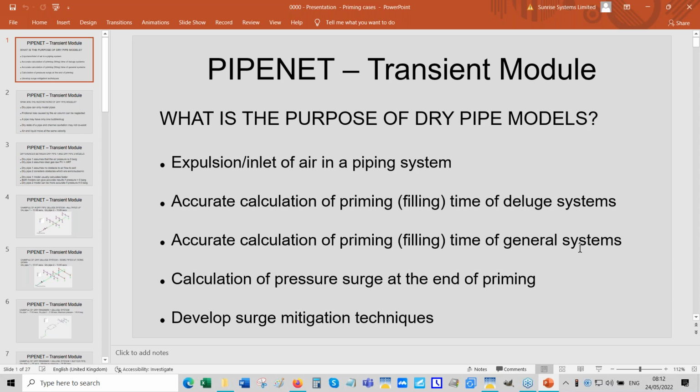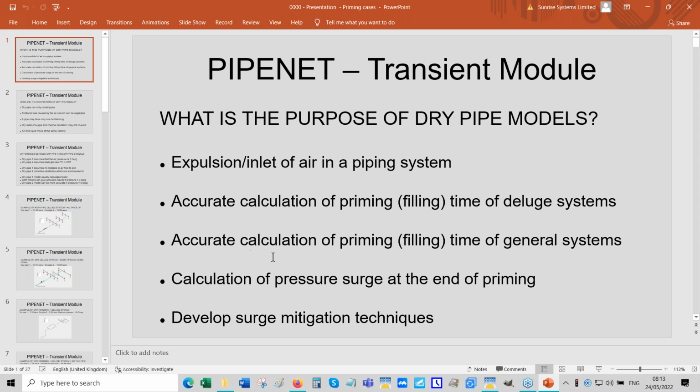It could be, for example, a pipeline or a cooling water system where initially you need to flood the system. Or it could even be a dry firewater ring main, because there are systems where the complete firewater system is dry to begin with.